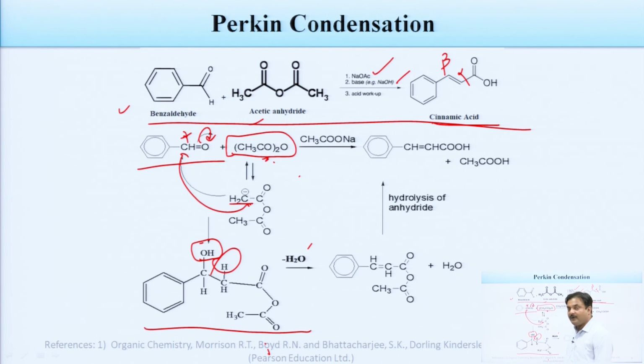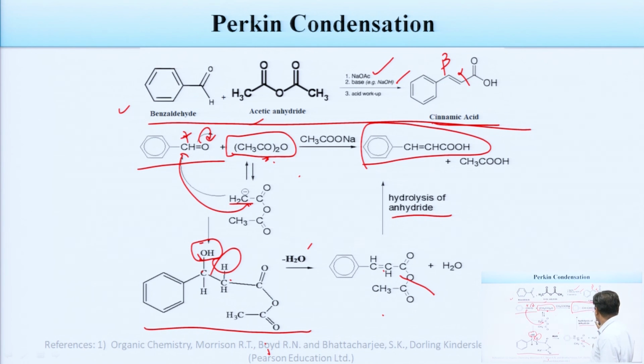That OH and this hydrogen will be removed, forming a double bond between these carbons, and the OH and H are removed as H2O. So, there is a formation of a double bond, and then we go for the hydrolysis of the anhydride. After that you can see this bond is broken, hydrolysis occurs and we are getting cinnamic acid as a product along with acetic acid. So, a very important reaction in which we are getting alpha beta unsaturated acid and acetic acid.